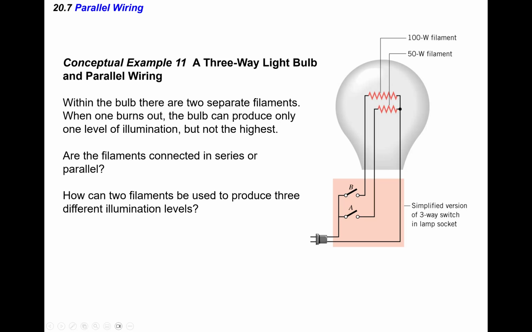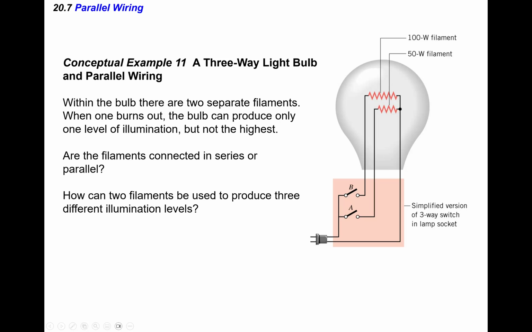So are the filaments connected in series or in parallel? It should be connected in parallel. So if one didn't work, the other one could still work. And we have the brightest when both of the switches are connected.